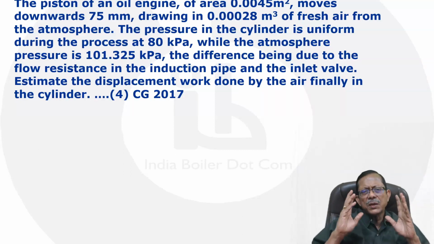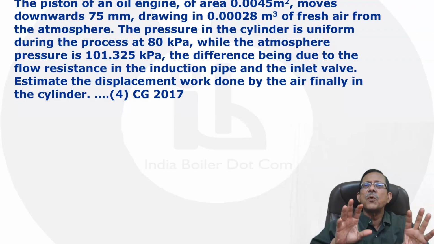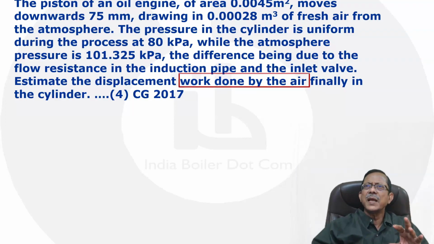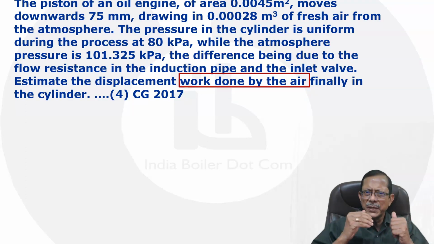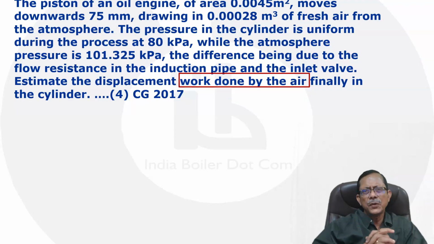Now, whenever you see a question in BOE, the first thing you see is what they are asking, right? So they are asking the work done by the air, right? Displacement work done by the air. So in this case, we have to find the work done. We need to find what was the pressure and against what pressure, how much is the volumetric displacement that has taken place, right?